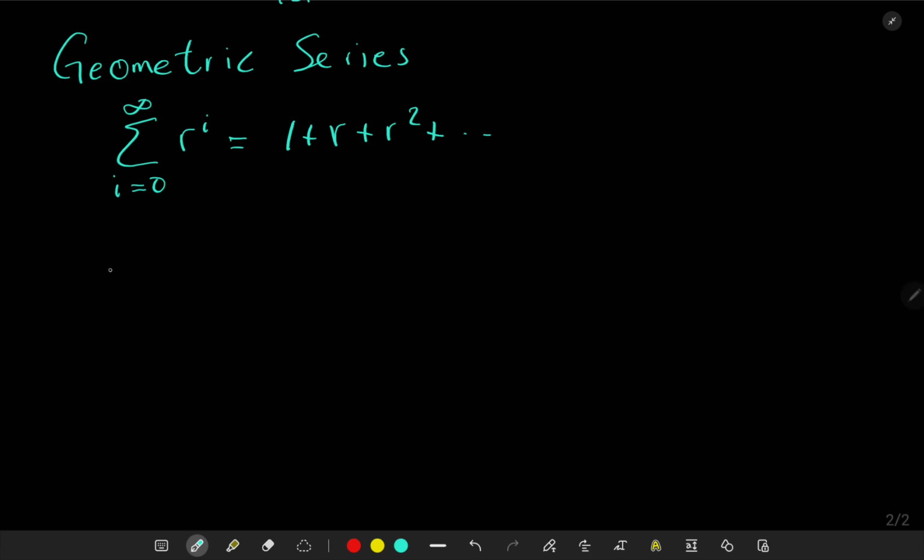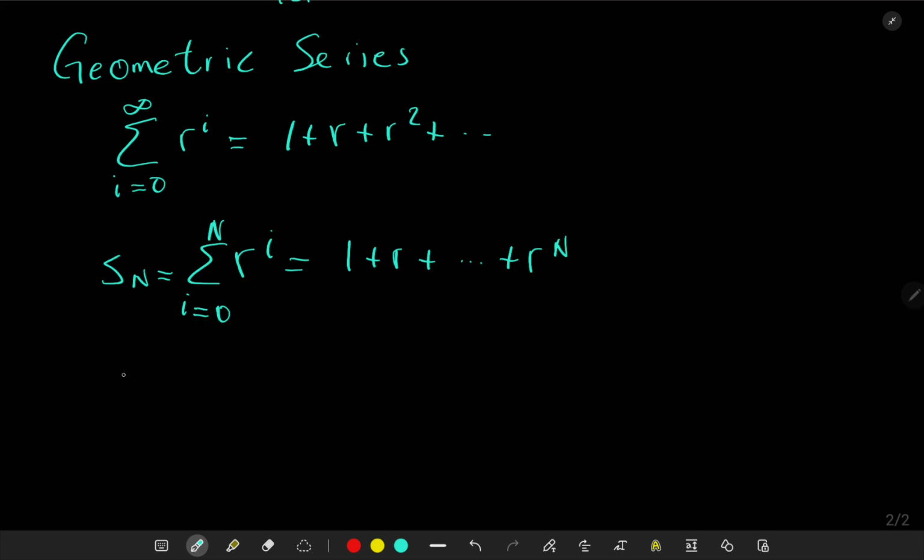So I want to remind you of what happens in the finite case. I'm going to look at S_n for this particular infinite series. If I truncate it at n, starting at i equals 0, not 1, to n of r to the i, that's just going to be my sum of 1 plus r plus dot dot dot all the way to r to the n.